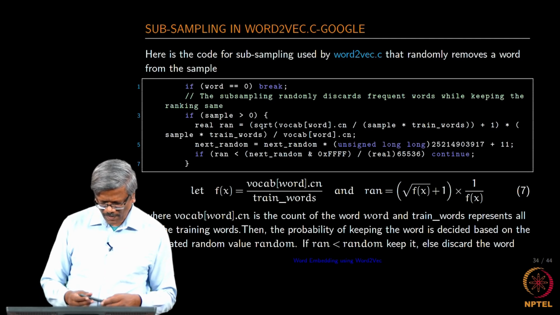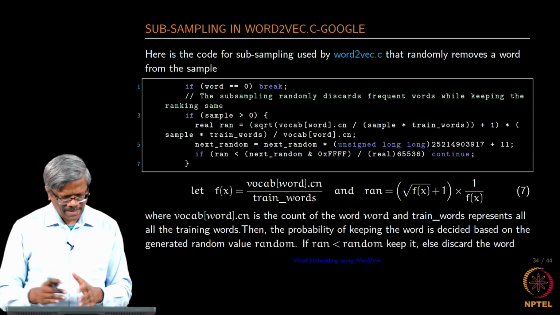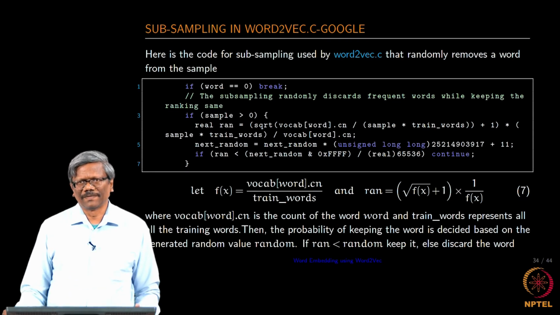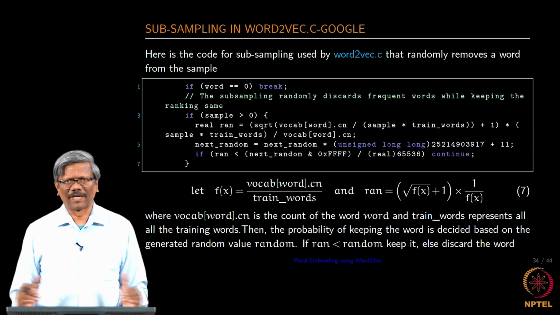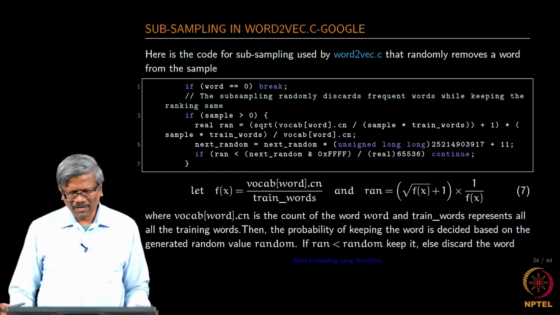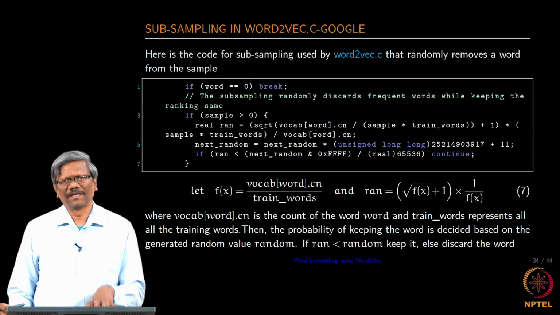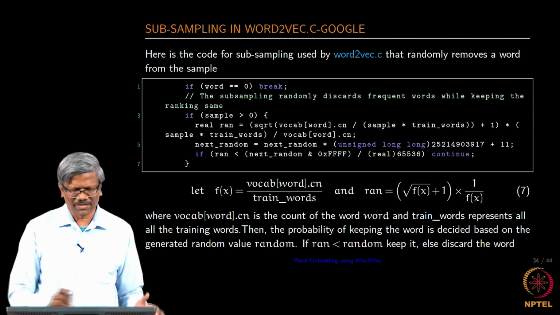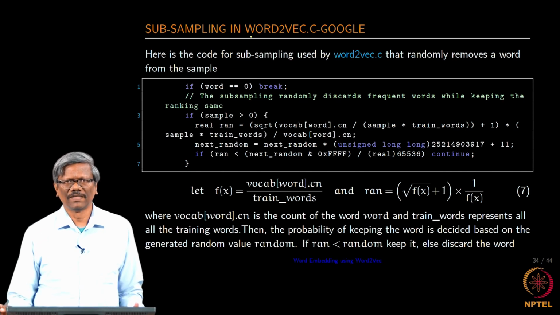Now what I have in this slide is a real example used in a C program. This is actually a C program written by Google to demonstrate their word2vec model. This is implemented using skipgram.